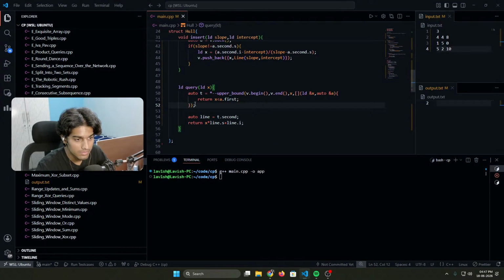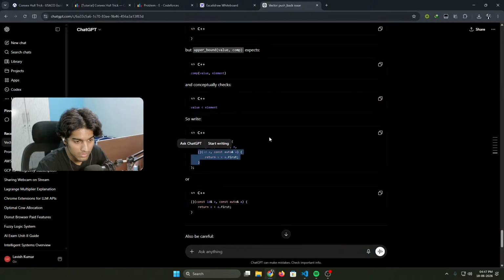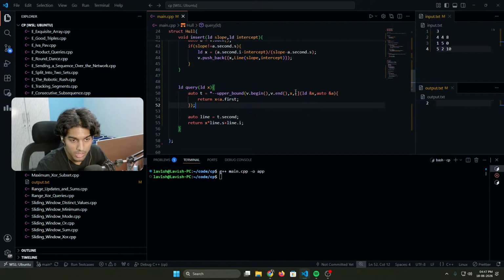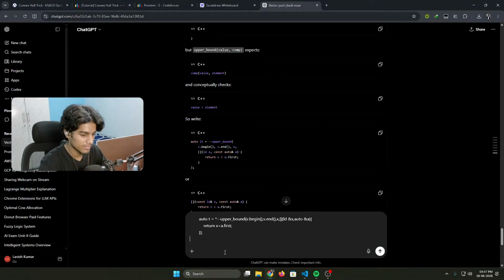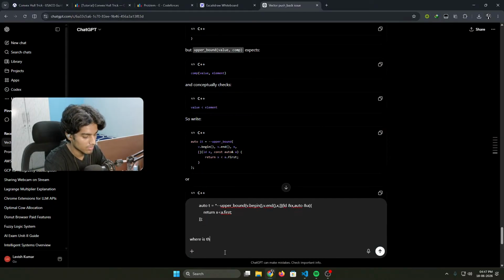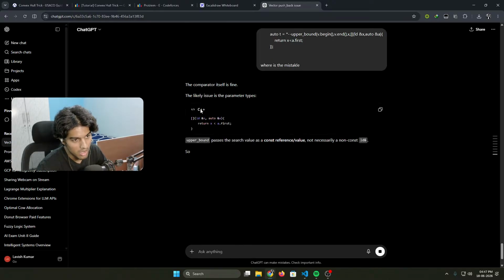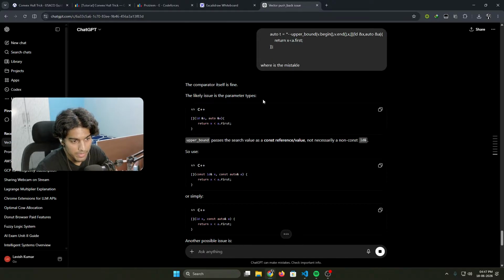Okay. This is just so sad. What is it? Luckily, the issue is parameter types. This thing passes the search value as constant reference, not necessarily.